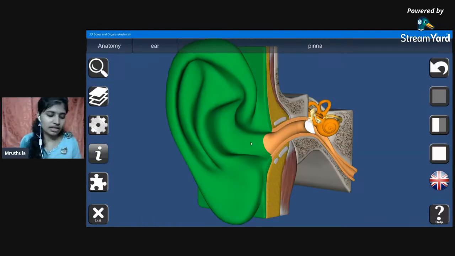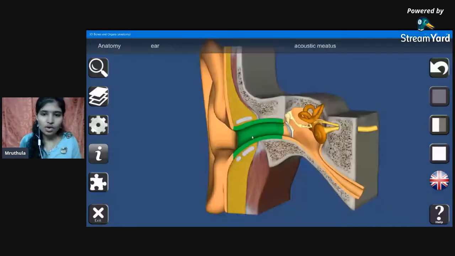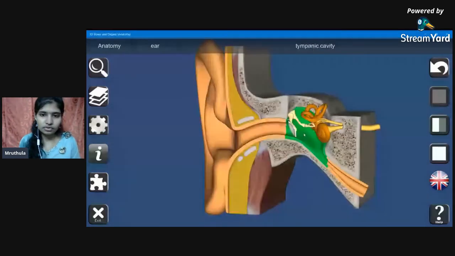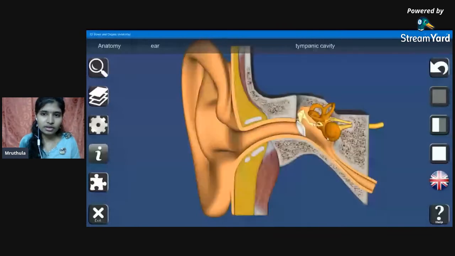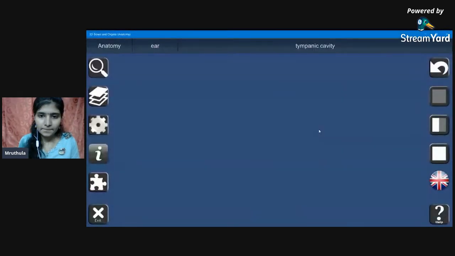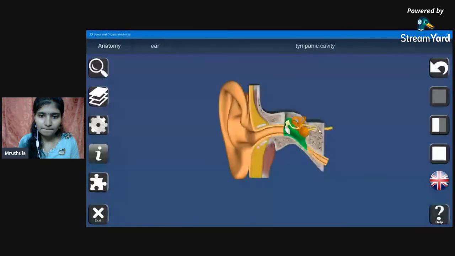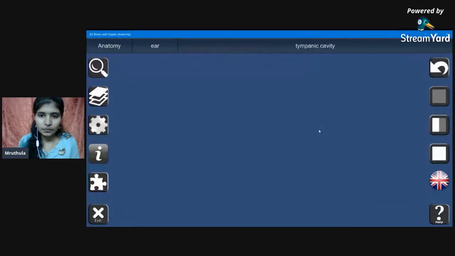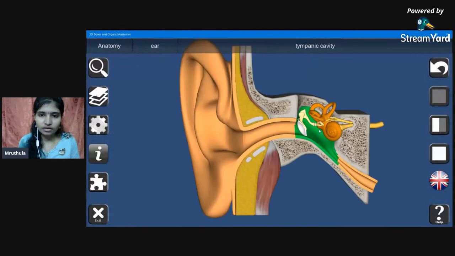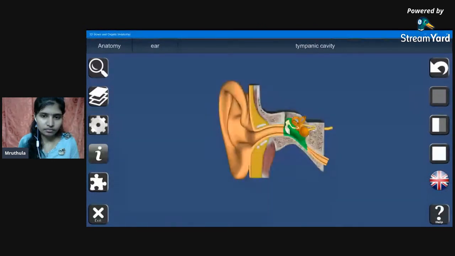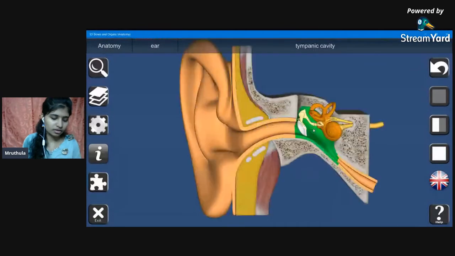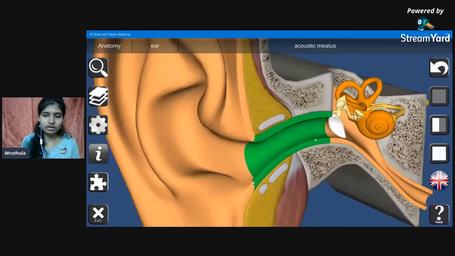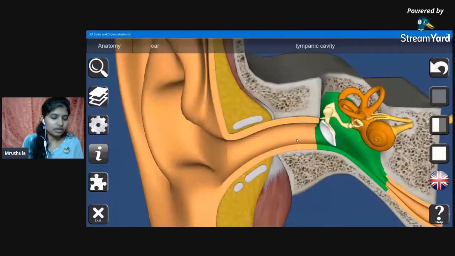The auricle and the external auditory meatus.